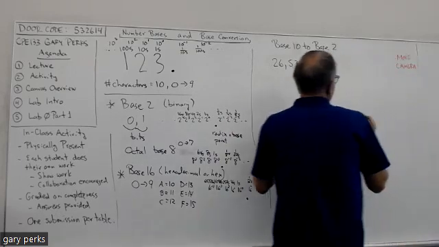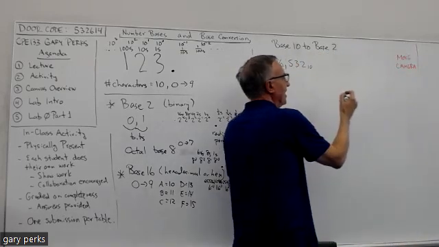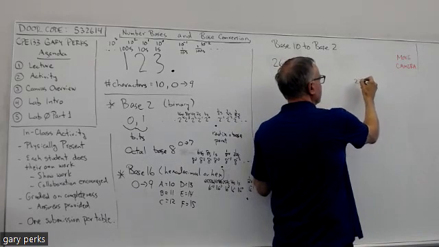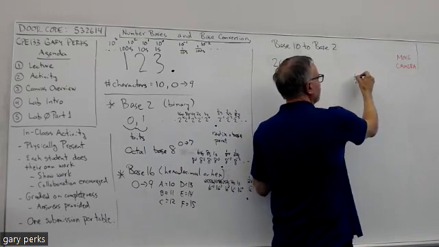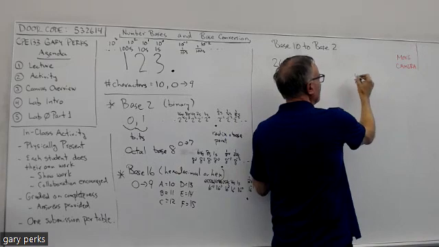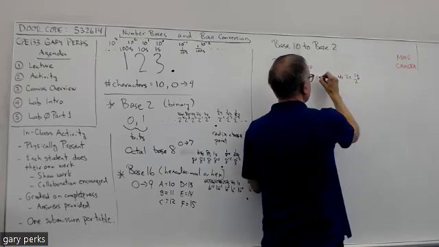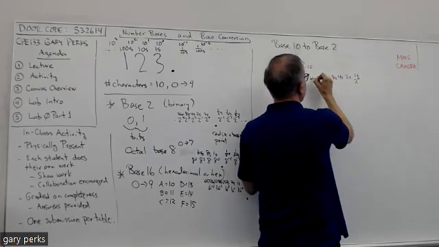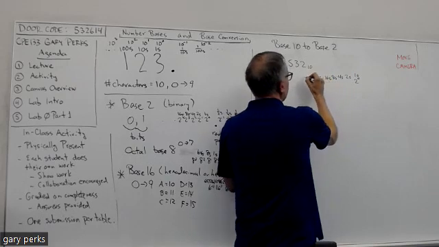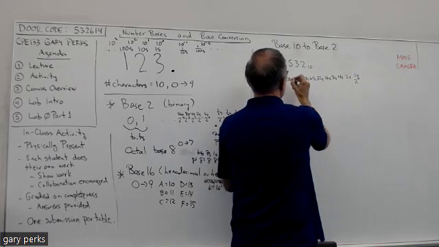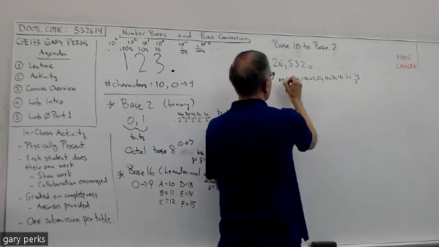So what I would do is I would just start writing out my bit values, starting with 2 to the 0, right? 1. And then we have 2 to the 1, 2s, and 4s, and then 8s, and 16s, and then 32s, and then 64s, and then 128s, and then 256s, and then 512s, and then 1,024s.